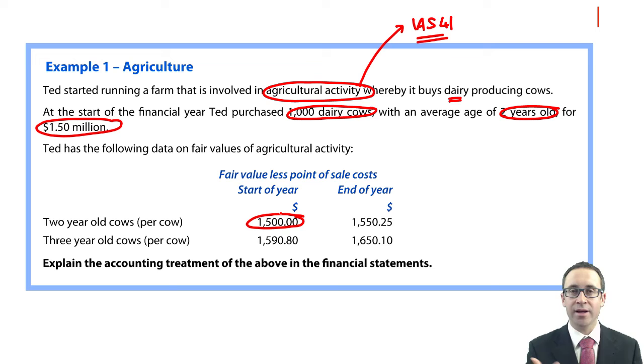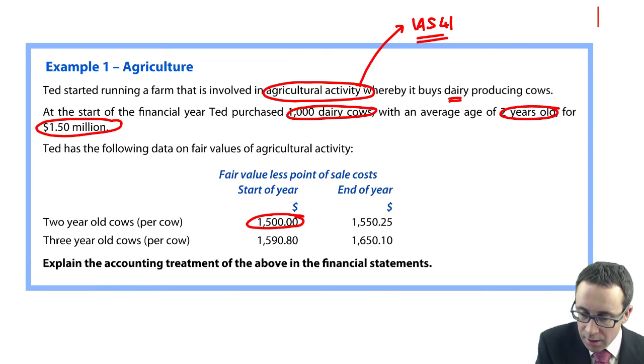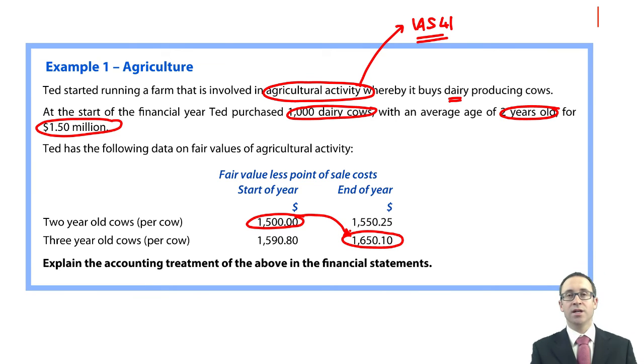So initially we recognize those dairy cows as a biological asset at 1.5 million. The key bit is that at the end of the year, we need to look at the fair value of those cows. Now, they were 2 years old at the start of the year. They're now 3 years old. So the fair value at the end of the year is 1650.10.